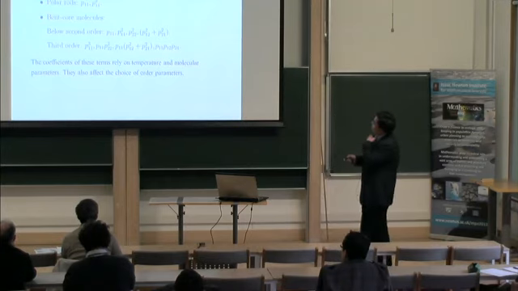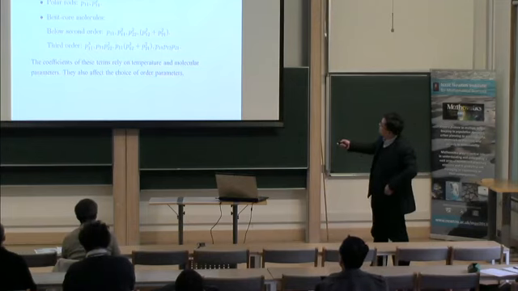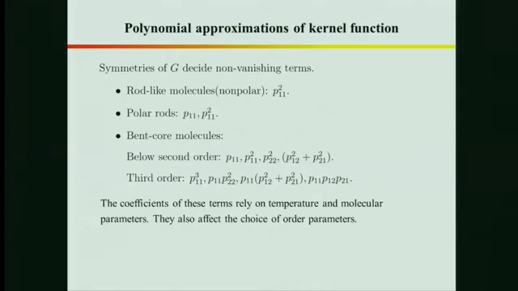So now the symmetry decides G's allowed terms. For the rod molecules, for example, you just take the leading order, which is the P11 square. For the polar rods, because now you have P11 at first order. For the banana molecules, if we take up to the second order, you have four terms.